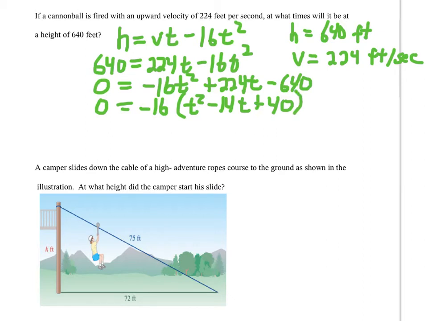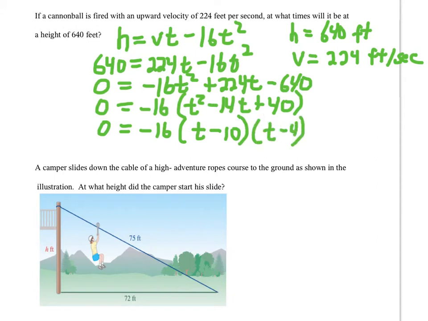And so I need factors of 40 that sum to negative 14. So I have negative 16 times t minus 10, t minus 4. And then I've got t minus 10 equals 0, or t minus 4 equals 0.